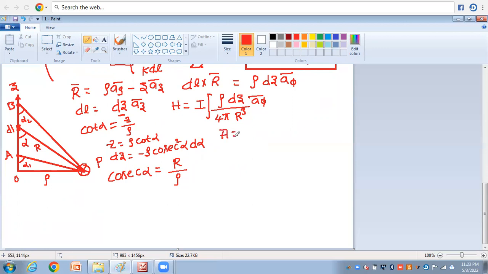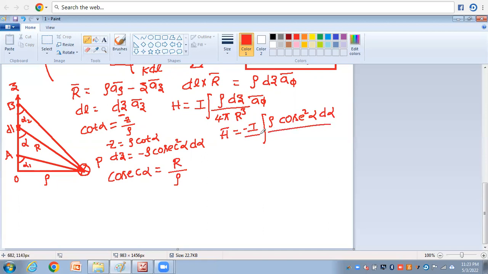H bar equal to I into rho dz, which means minus, as it is, rho into cosecant square alpha with respect to d alpha.